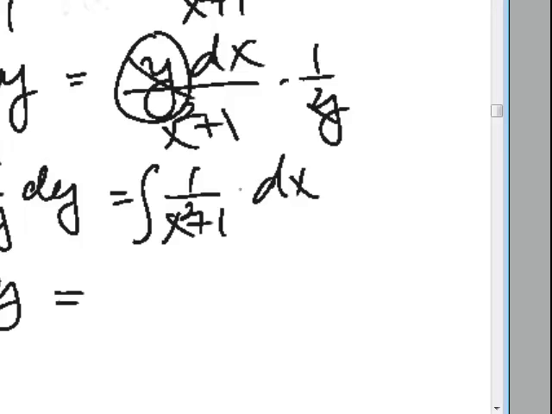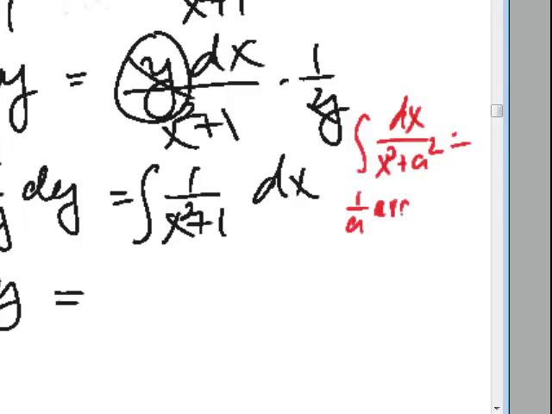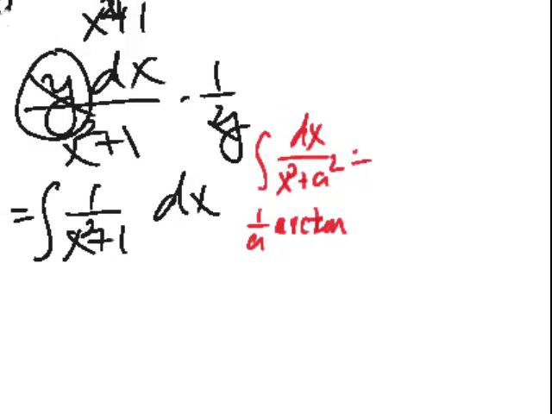And then here on this side, you should remember your trig basic formulas. This is an arctangent. The integral of, here I'll do this in a different color so you know it's a rule, not part of the problem. Let's do this in red. So we have integral of dx over x squared plus a squared. That should equal 1 over a arctangent x over a plus c.